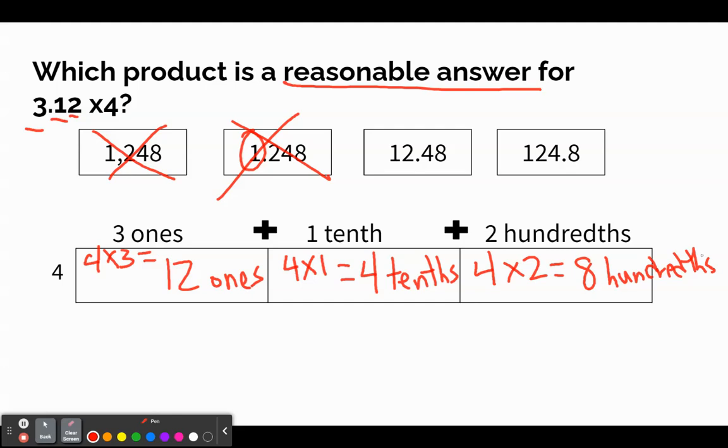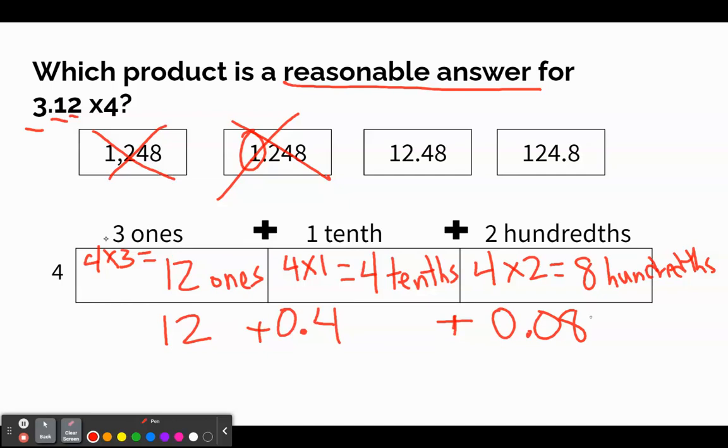Okay, now I have to combine everything together. So I have 12 ones plus 4/10, which is going to be written as 0.4 in standard form, and then we're going to have 8/100, which is going to be written as 0.08 in standard form.